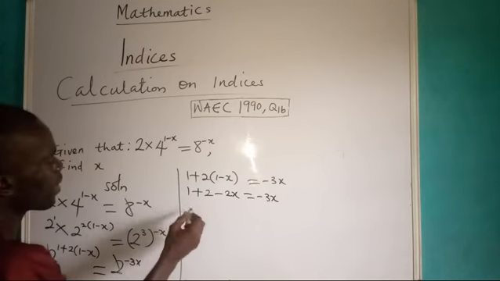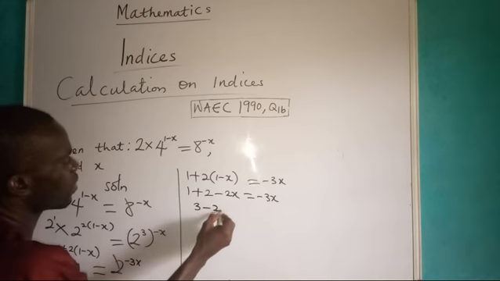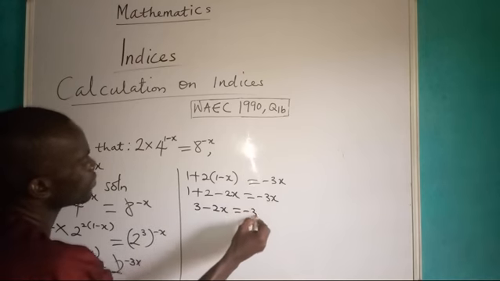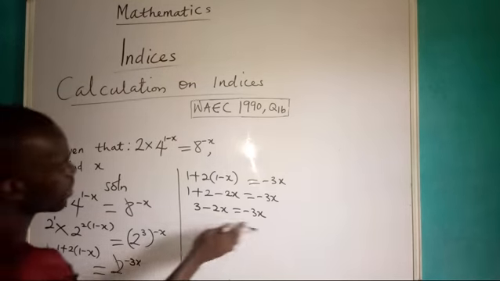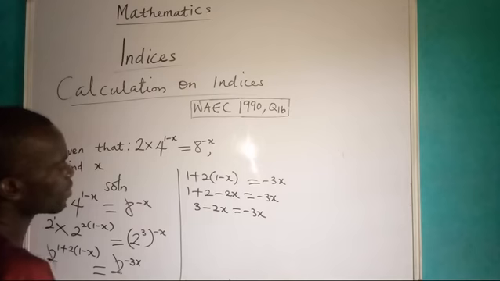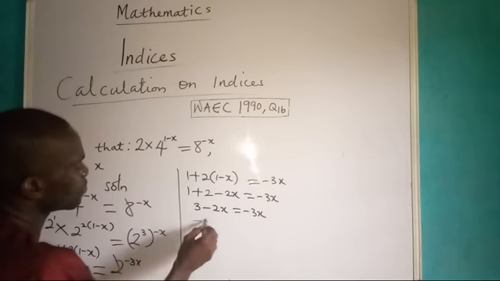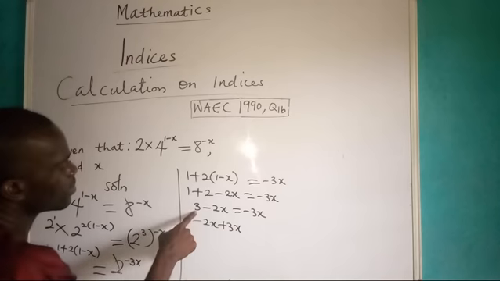Now, for this, I can add them up because they do not have x, become 3 minus 2x equal minus 3x. Now, we can collect like terms, bringing like terms together. This one needs to come over to this very side, to the left hand side. I will have minus 2x plus 3x. Okay? Now, why this one here?